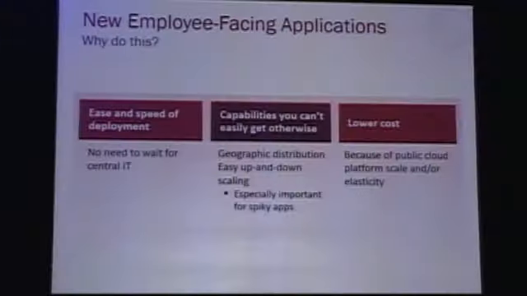You also might get some capabilities you can't otherwise get very easily, like geographic distribution or up and down scaling. You can shut VMs down when they're not in use and save money. And finally, again, cost. Maybe today, certainly tomorrow, for some value of tomorrow, this is going to be cheaper than your on-prem data center. Okay?